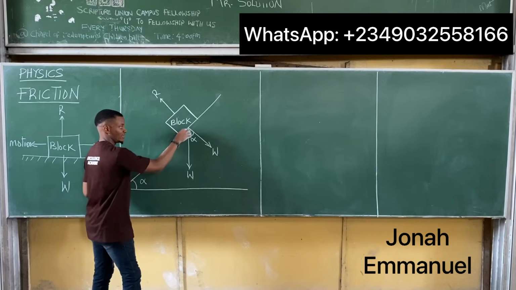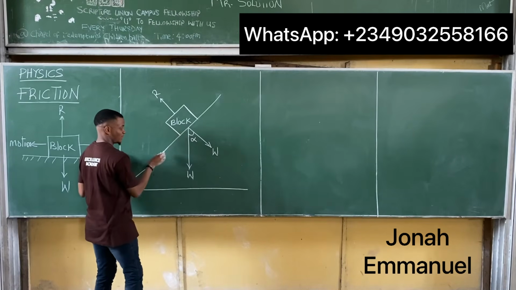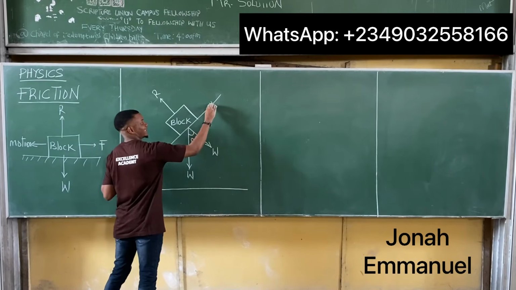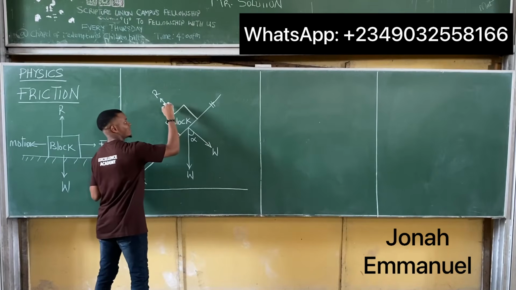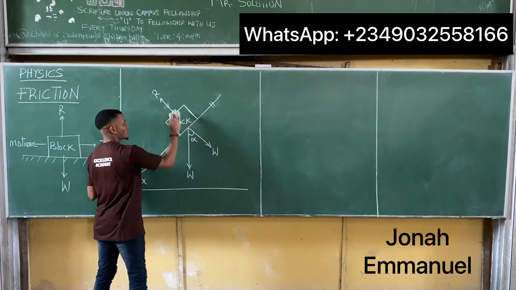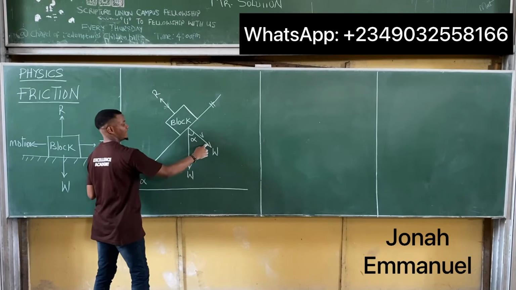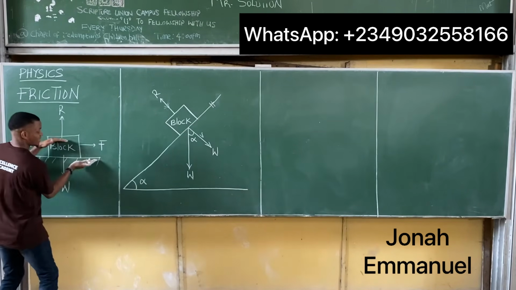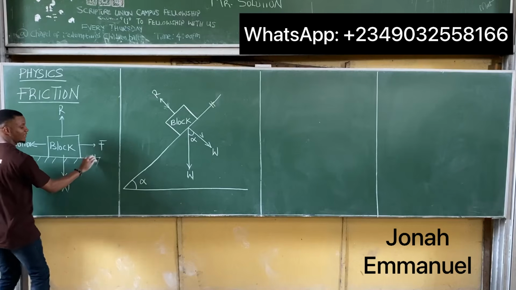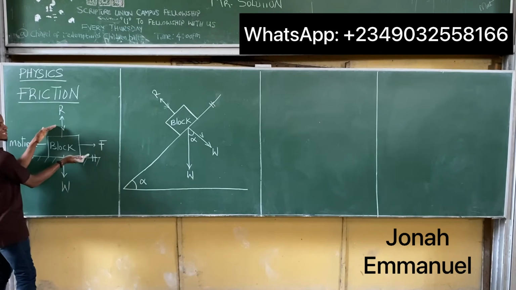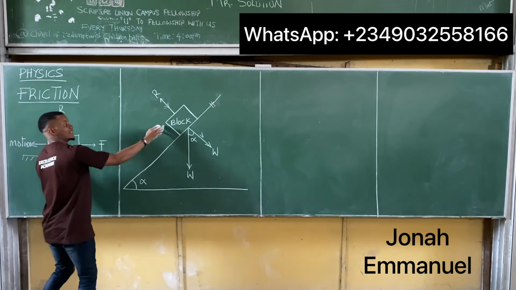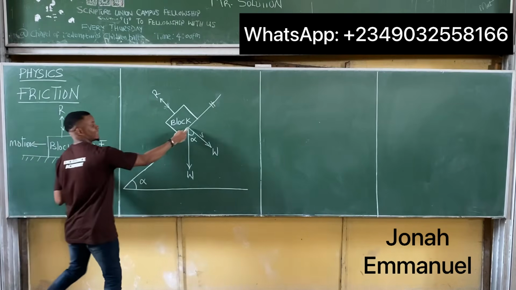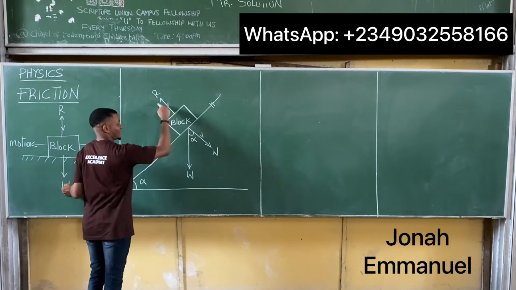So if this is my horizontal line and this is my vertical line, V means vertical line, H is horizontal. It was just slanted like this. This is still the horizontal, and this is still the vertical.